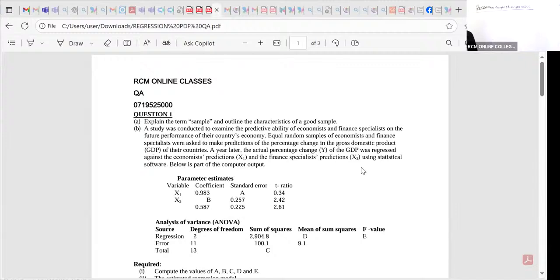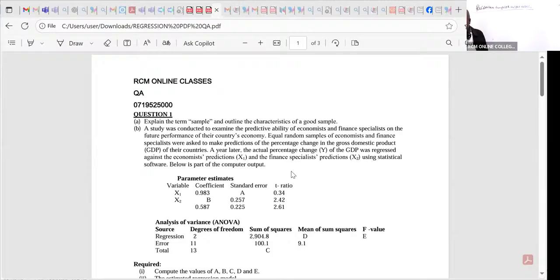So you can see GDP there is dependent on how many variables? 2, X1 and X2. The finance person's predictions, and then we have the economist predictions. Using statistical software, below is part of the output.